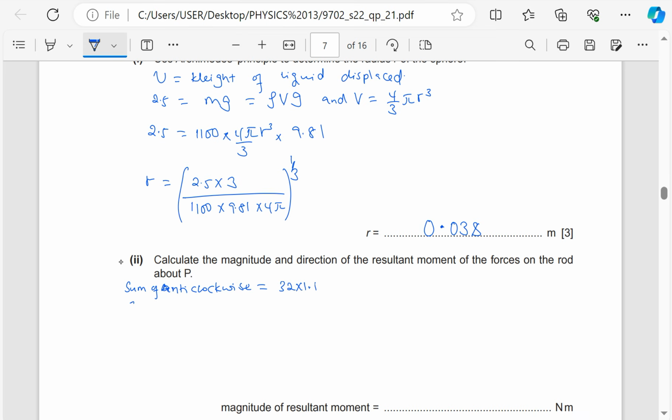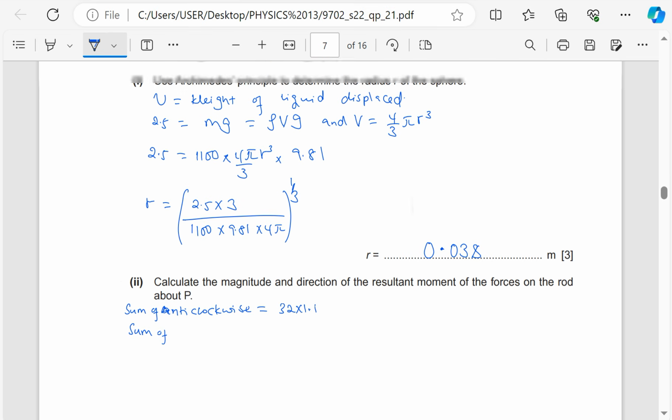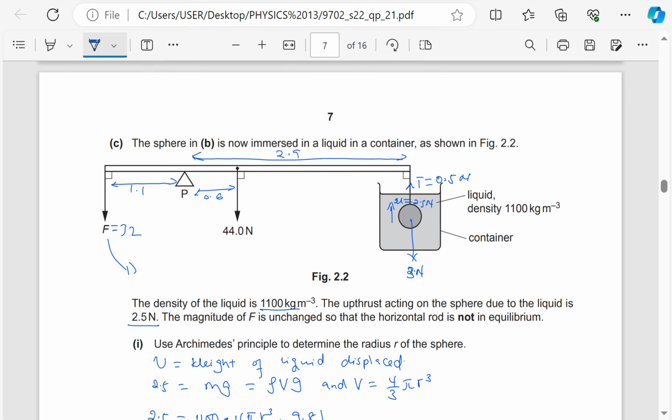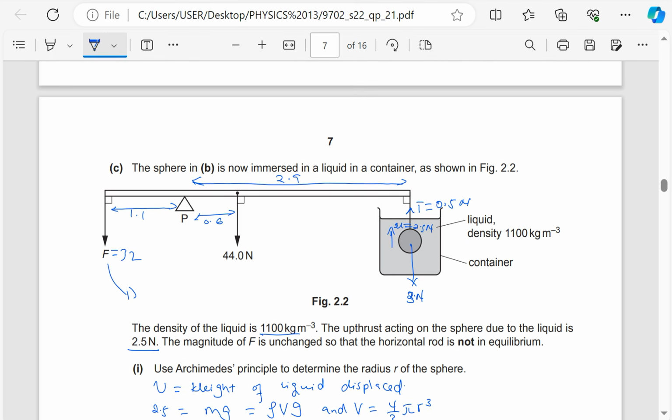Then clockwise. If the weight of 3 newtons is acting downwards and the upthrust is 2.5, it means the unbalanced force is only 0.5, which should be acting downwards.